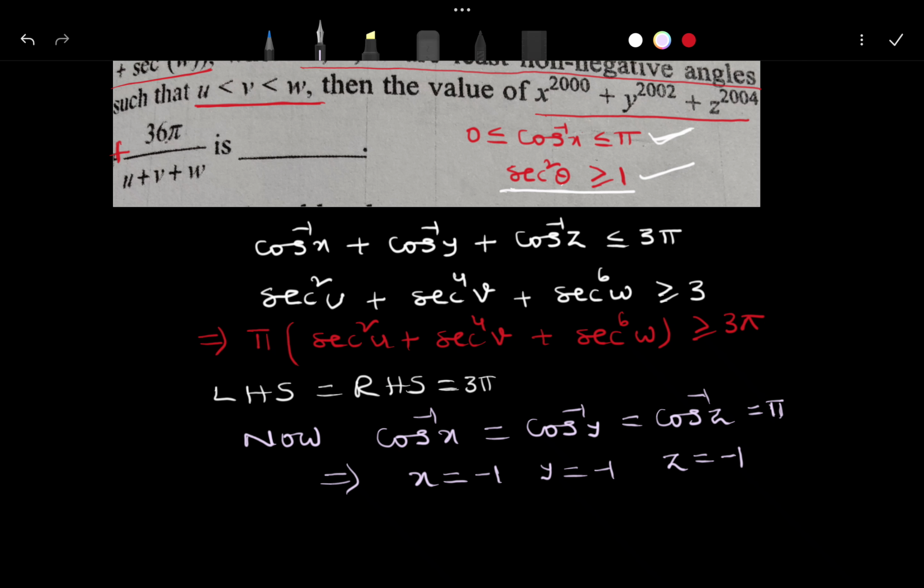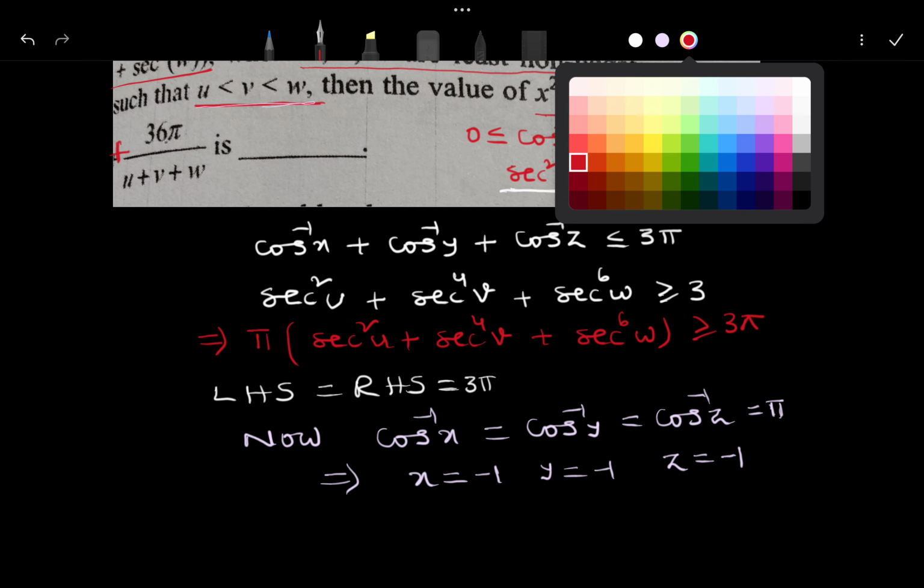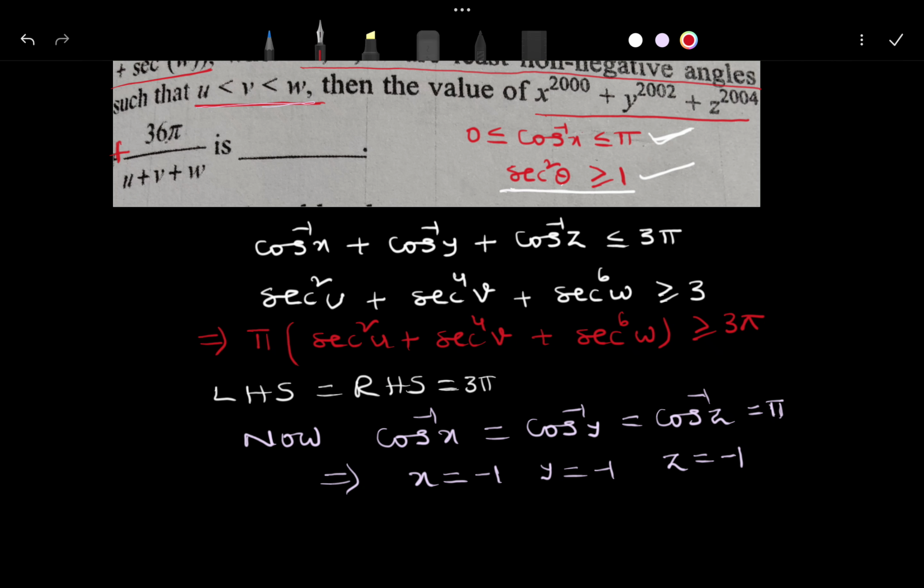All of you please observe this one. In the given question, u is less than v is less than w. So according to that condition, if you take the u value as pi, secant square u value will be equal to how much?